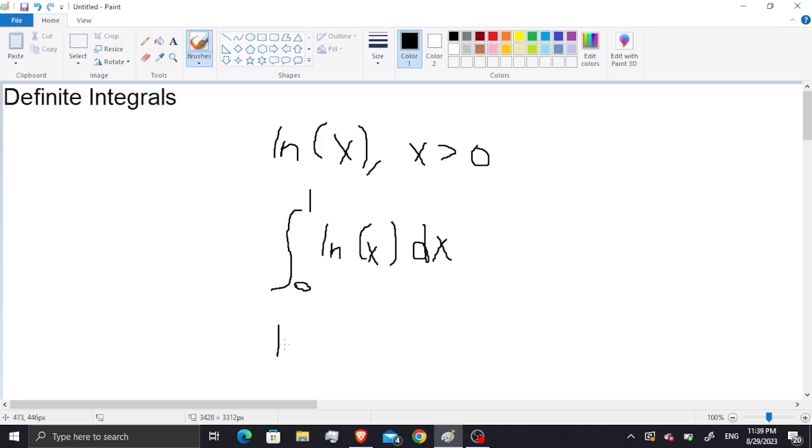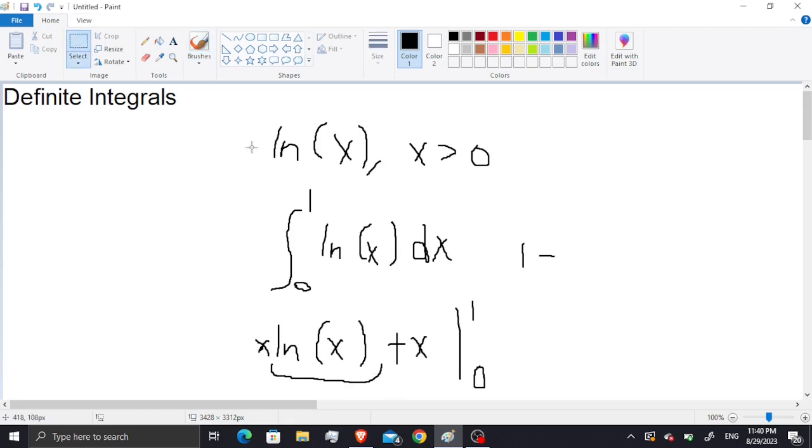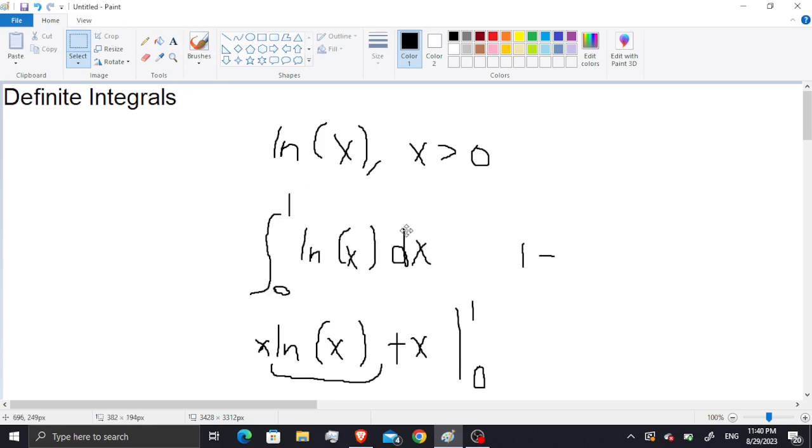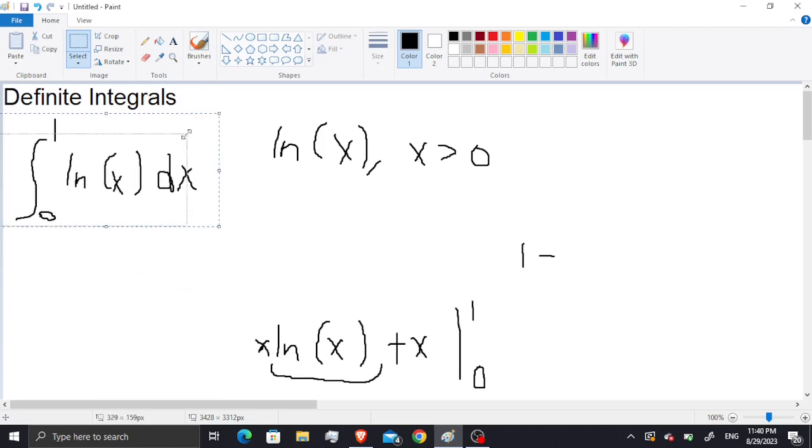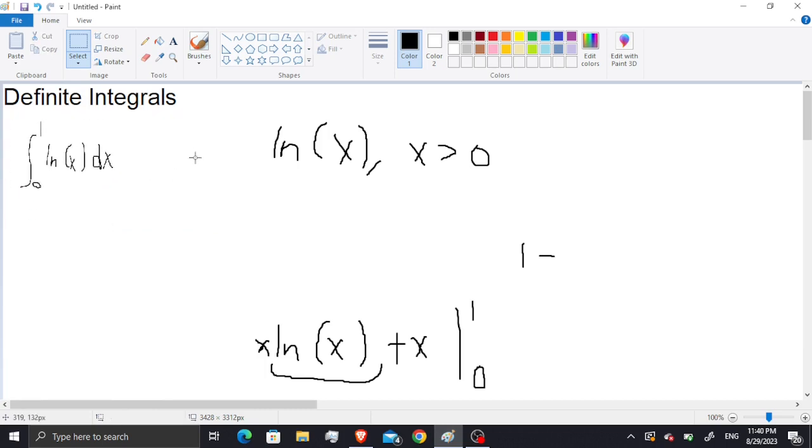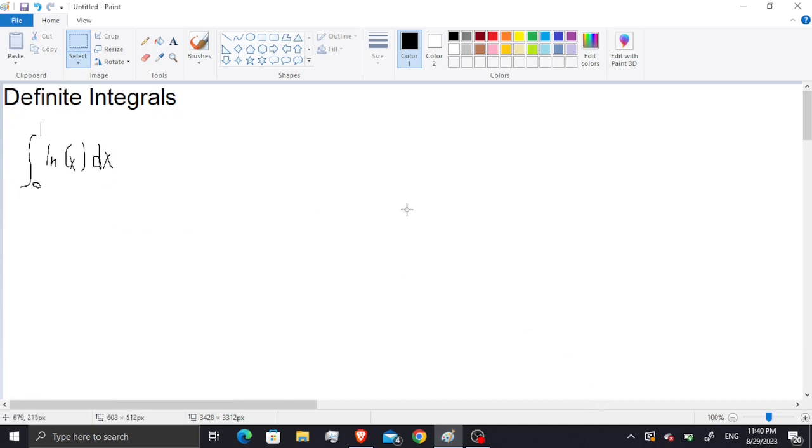And then they come up with x ln of x minus x, and then on the bounds from 1 to 0, they evaluate at these bounds, and for 1 they get negative 1 because log natural of 1 is 0, minus 1 is going to be negative 1, and then they try to do the exact same thing with 0, but then they realize they can't actually use the 0 here. So inadvertently, you pretty much trick them into trying to solve something that is obviously wrong. There are probably ways to solve this.